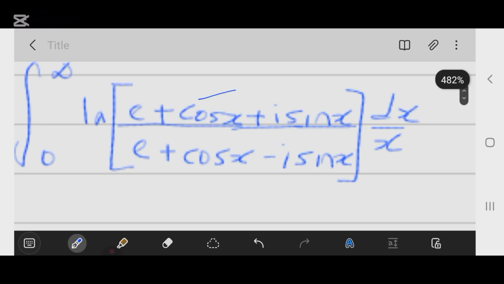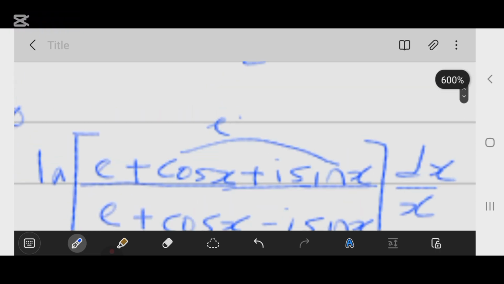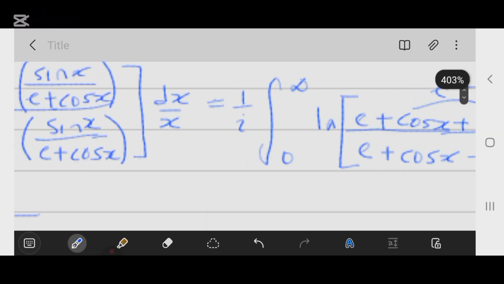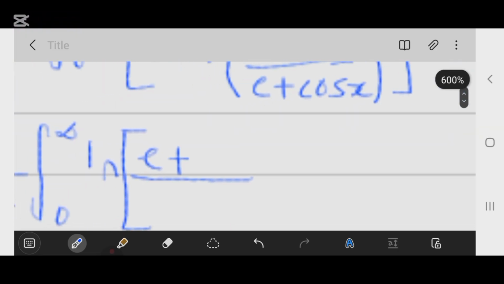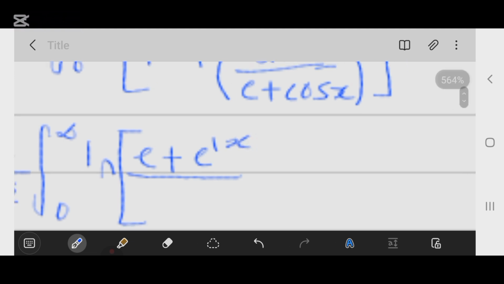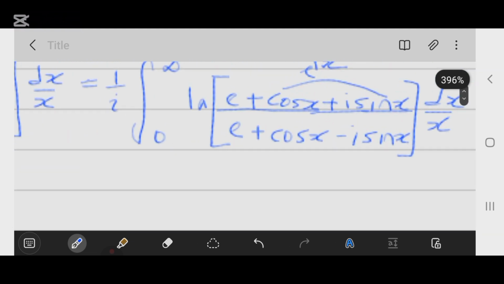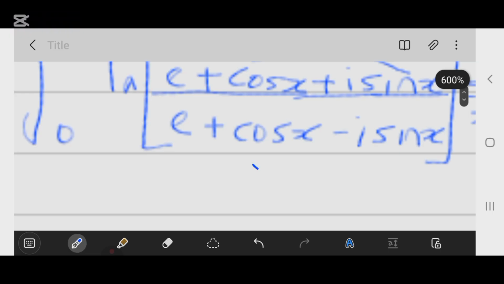From the basics of complex numbers, we have that this is equivalent to e to the power of ix, and this e to the power of negative ix.